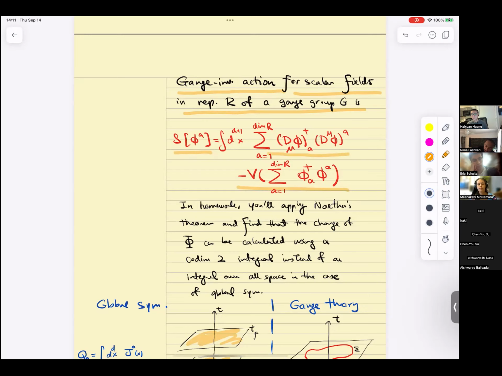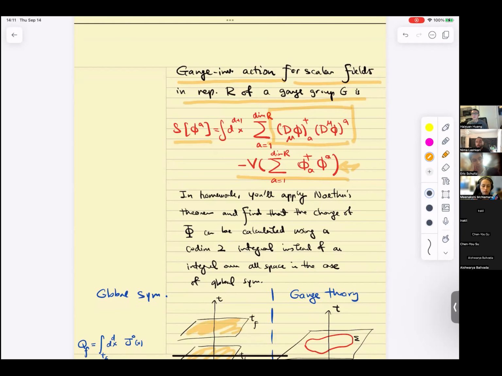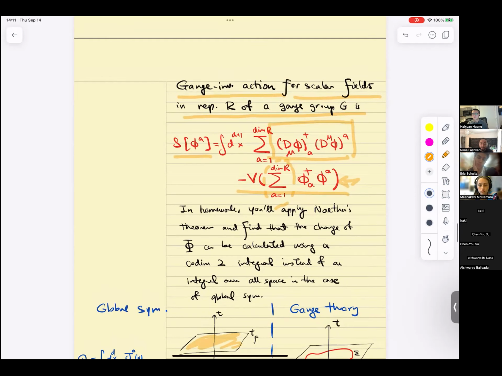Here is the free term, written in terms of the covariant derivative, and the potential will be just fine as long as you sum over all the generators, because the fields are labeled by the generators of the Lie algebra. You can check explicitly that this is invariant under the local symmetry transformations.